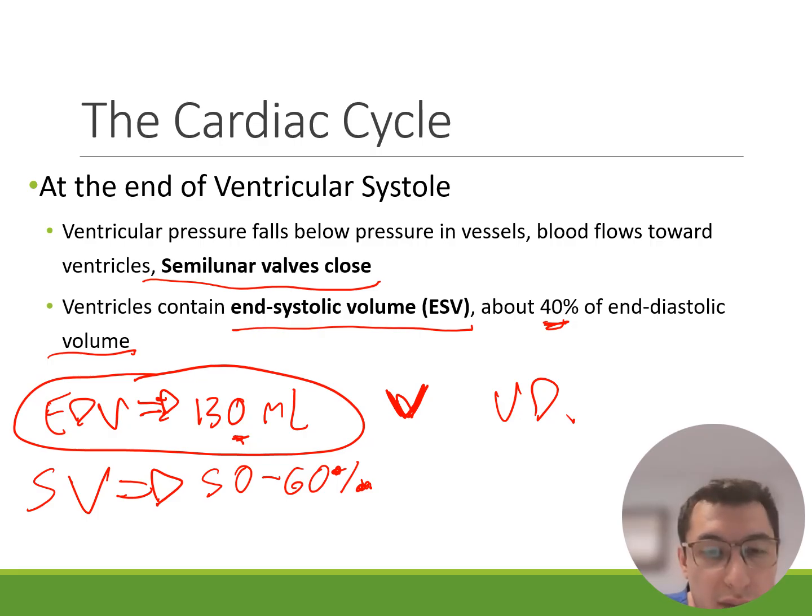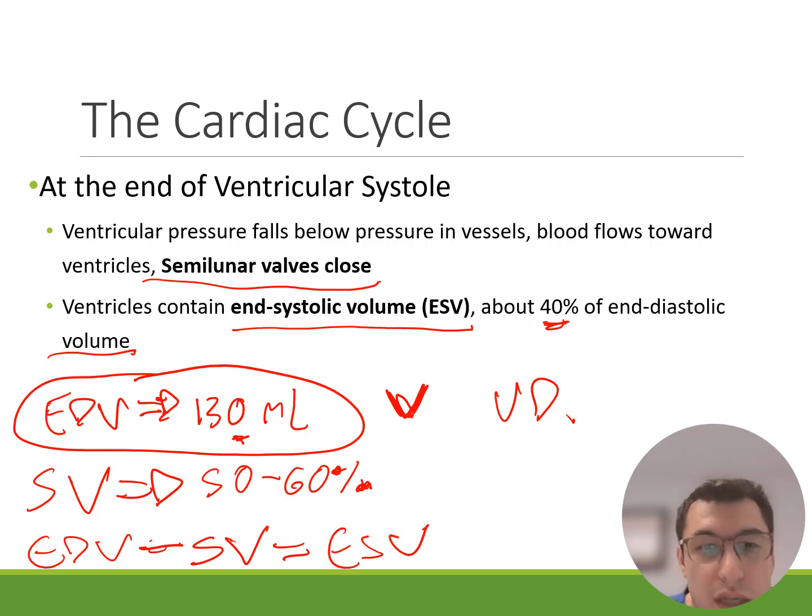End diastolic volume minus stroke volume will give you end systolic volume. So if this is 100% and this is 60%, we will have left over 40%. All right.